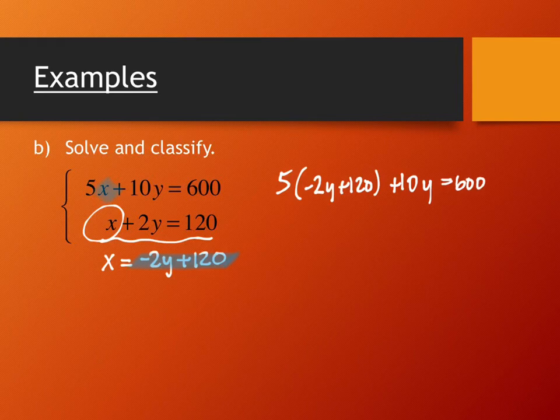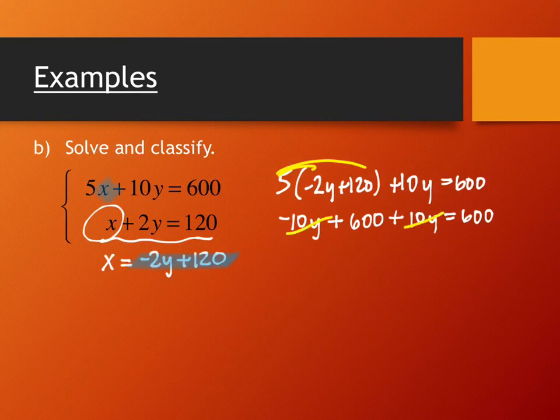Okay, everybody good so far? With substitution, we distribute things through. So now I have negative 10y. What is 5 times 120? 600, plus my 10y equals 600. Now what happens? These 10y's eliminate.